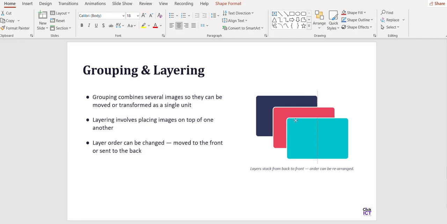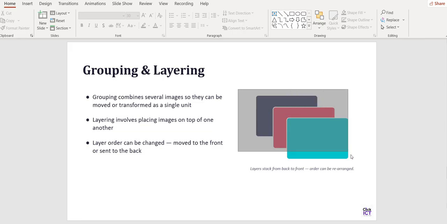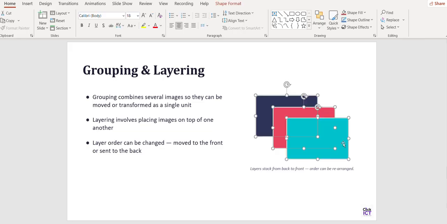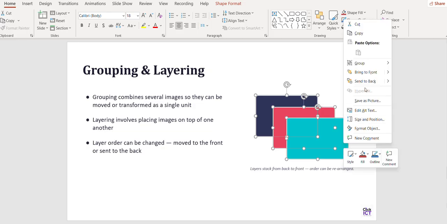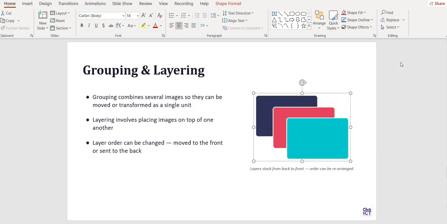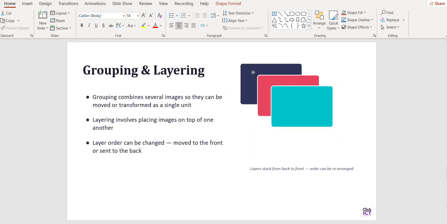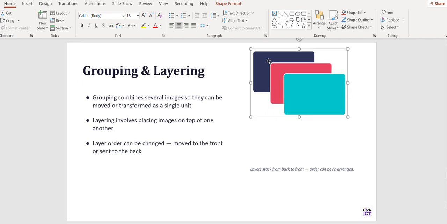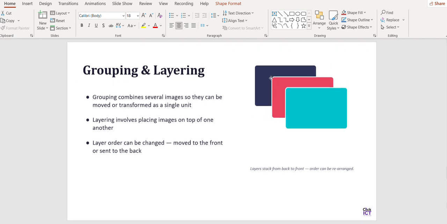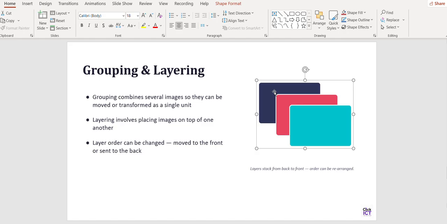So for that reason, what would I do? I'm going to select all of these rectangles, then right click on it and then click on group. Now if I am moving one, the rest are going to be moved together. So they are moving as a single unit. They have now become part of one unit.